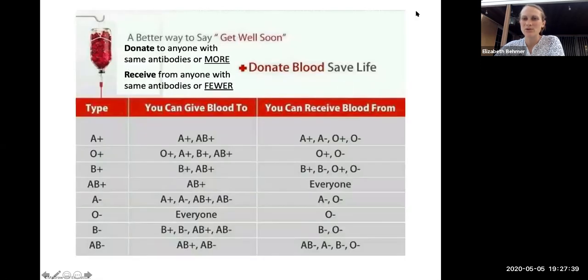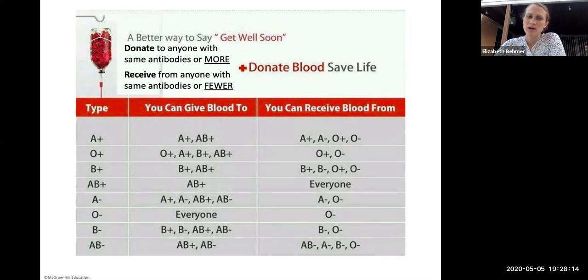Okay, so here's a look at this. You can find these on the internet. That's probably where I found this. So who can you give blood to and who can you receive blood from? I learned this from another professor, I think last semester at another school, and I just thought it was really easy to tell the difference. So if you can remember this, you can donate to anyone with the same antigens or more, and a particular blood type can receive from anyone with the same antigens or fewer.